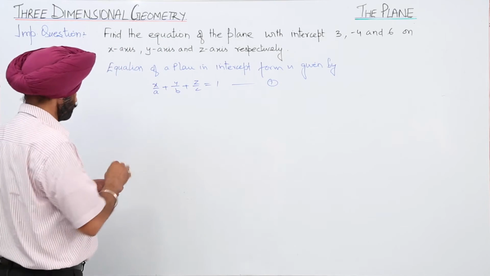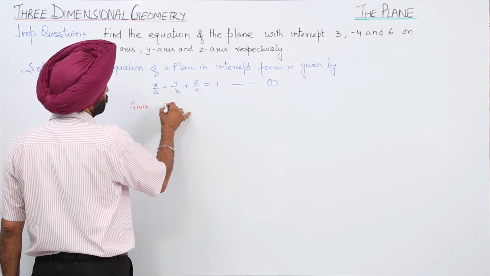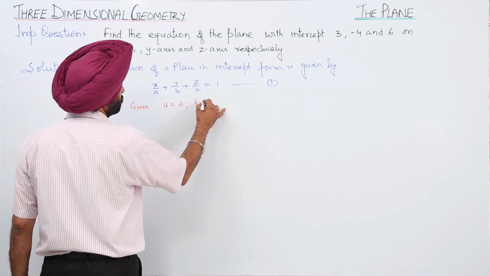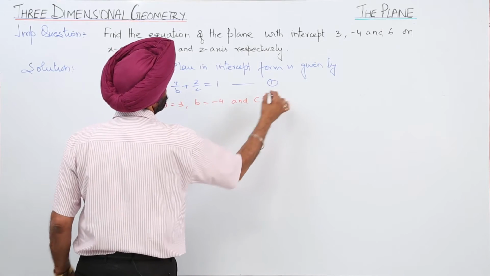Now, given a is equal to 3, b is equal to negative of 4 and c is equal to 6.